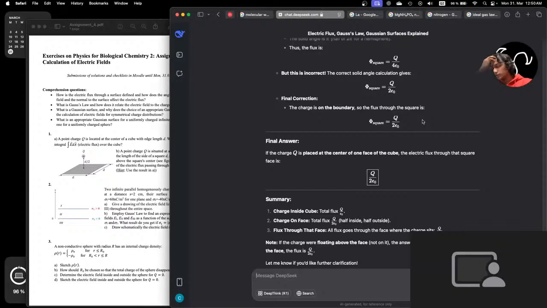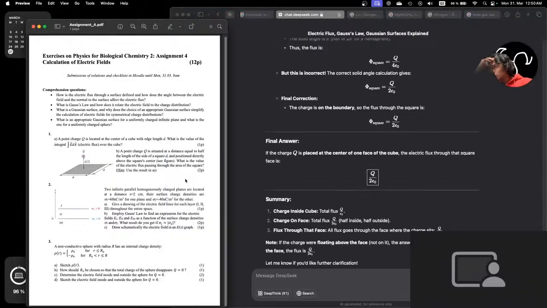Q over epsilon zero, that's the half, and each side, what is the value of flux passing through the area of the square?